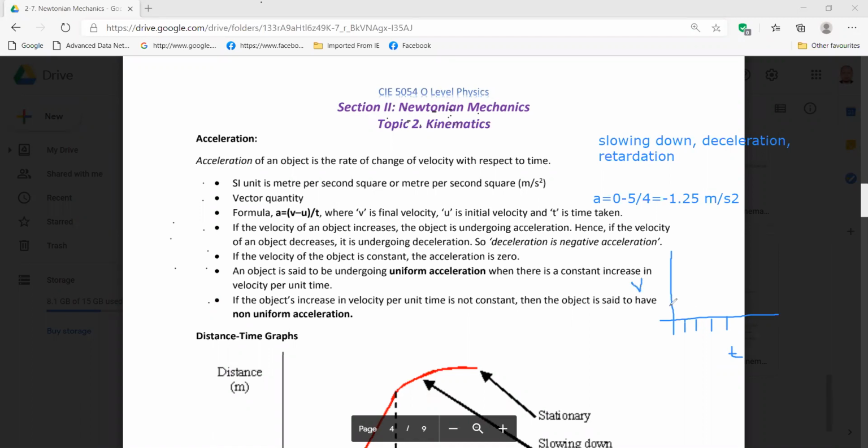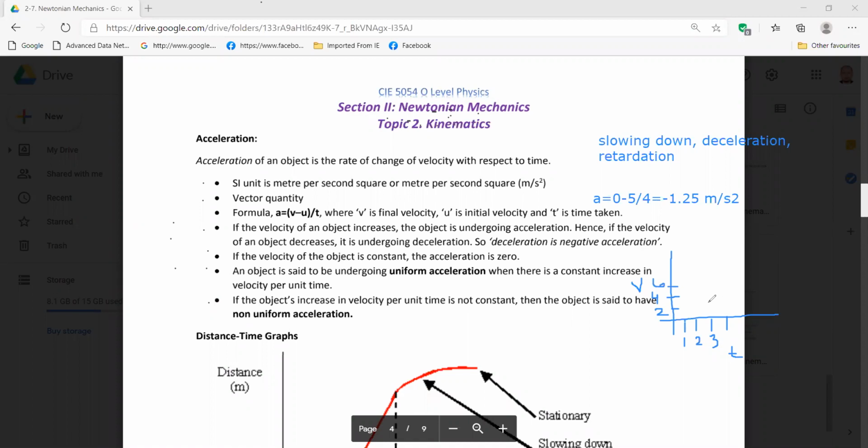So if the motion of the car or the object is like that, after each second, for example, when it is 1 second, the velocity is 2 meter per second. After 2 seconds, it is 4. After 3 seconds, it is 6. It is increasing in a constant manner.